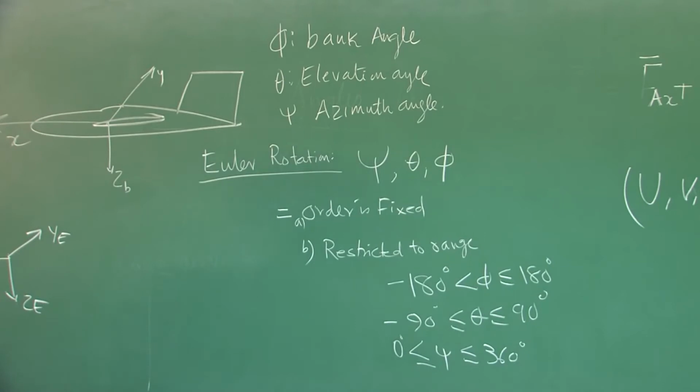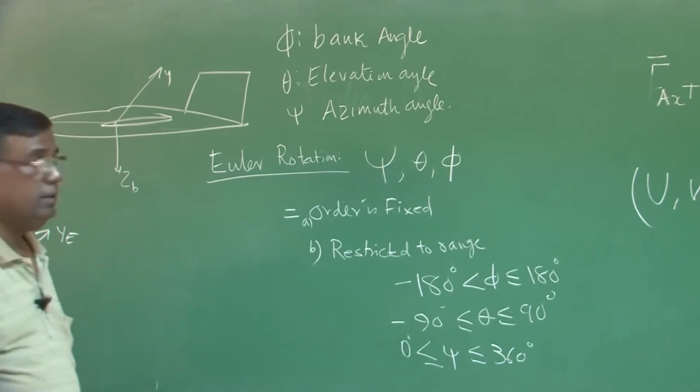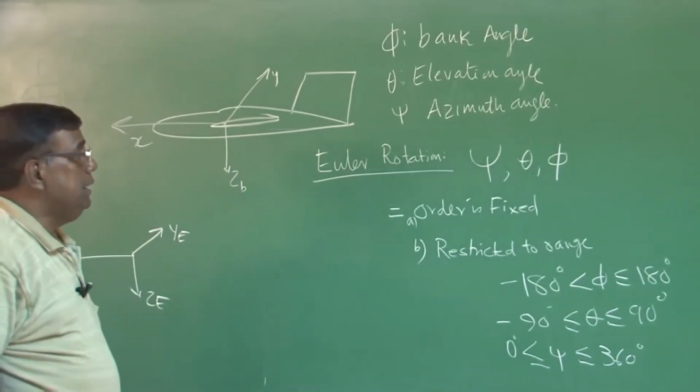Please understand one thing. Loosely we often call phi the bank angle, theta the pitch angle, and psi the yaw angle, which is not strictly correct. Why? See the point.